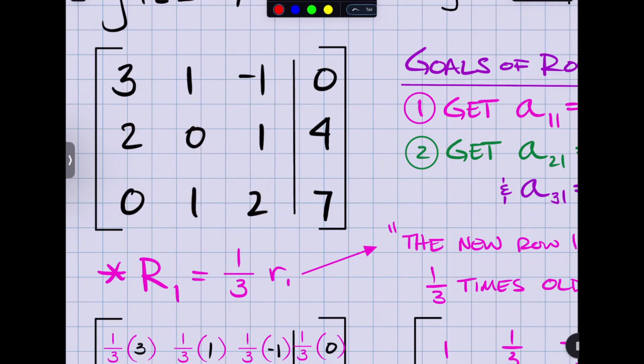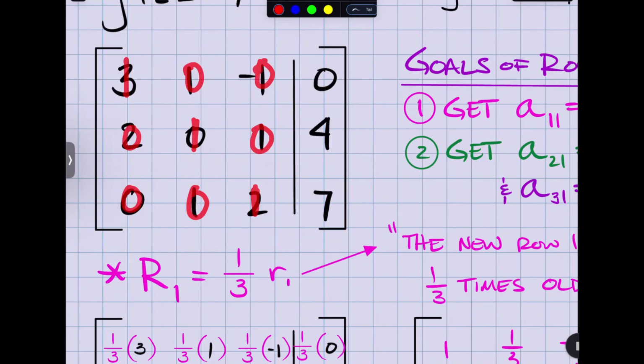If we were to do reduced row echelon form, then this is what we would do. Make this a 1, make this a 0, make this a 0. Then we'll make this a 1, make this a 0, make this a 0. Then we'll make this a 1, make this a 0, make this a 0. That's reduced row echelon form. Notice the major diagonal is all 1s.